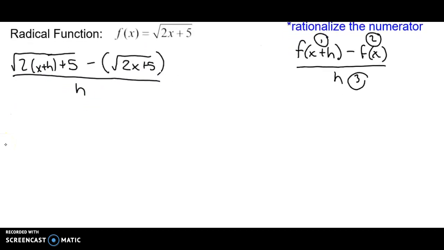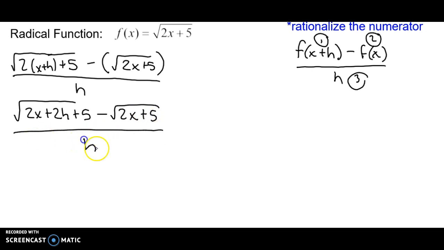So I'm going to go ahead and take care of the numerator. So I have the square root of 2x plus 2h plus 5 minus the square root of 2x plus 5. So what I'm going to do here after it's all over h is take the radical and try to rationalize it and get rid of some things in my numerator.